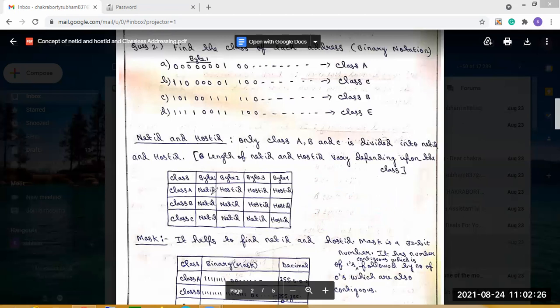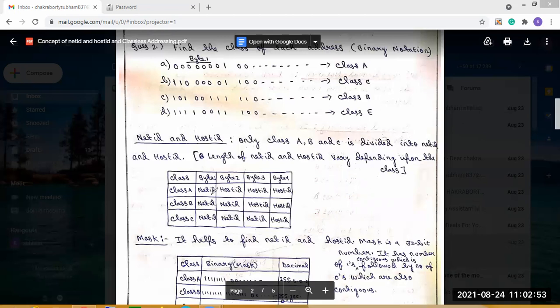For class B, byte 1 and byte 2 are the net ID and byte 3 and byte 4 are the host ID. And for class C, the first three bytes will be the net ID and the last byte will be the host ID.